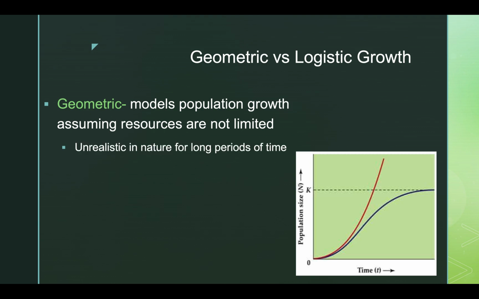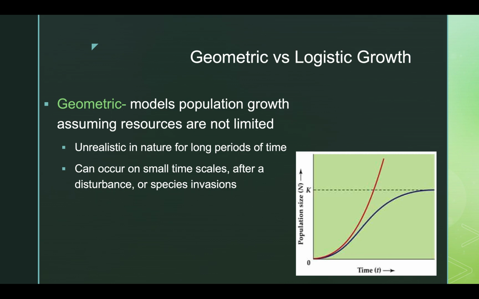This is unrealistic in nature for long periods of time because, as we know, resources will ultimately limit the ability of that population to grow. And think of it, I mean, we're seeing it with people, right? We talk about the resource limitations of our planet and how many people this planet can sustain as far as physical space and also food availability. This can occur on small timescales.